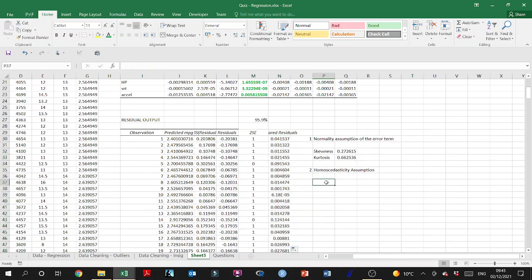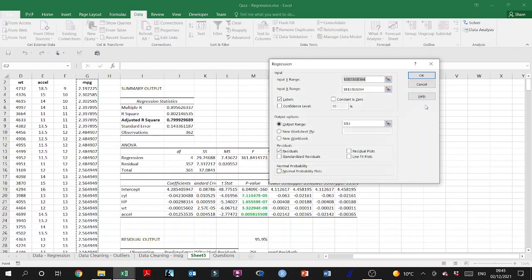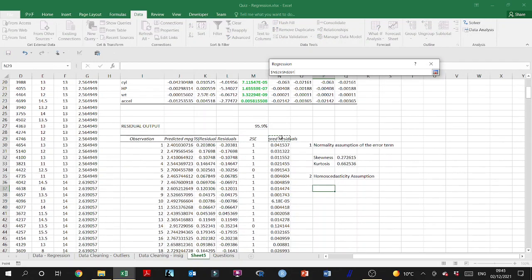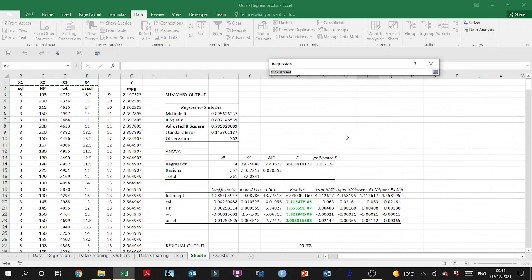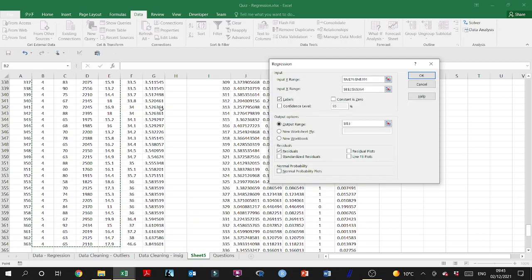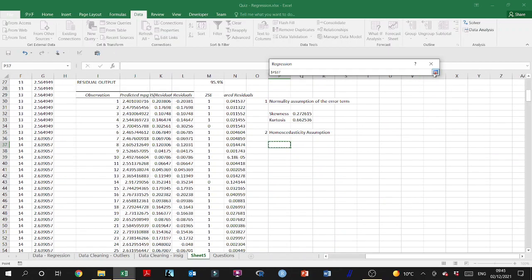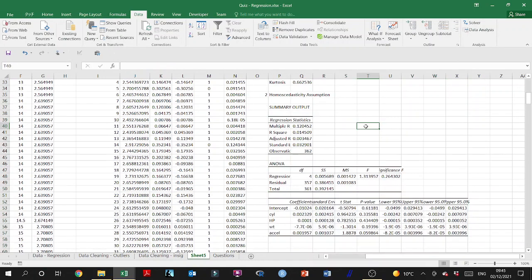And now, guys, let's start with data analysis, regression, and let's start with y being the squared residuals, and then the x being these x's over here. I don't need the residuals, but let's put the output somewhere over here.